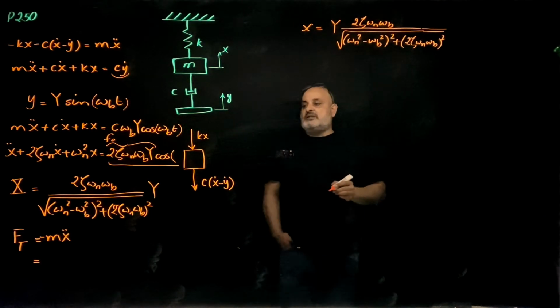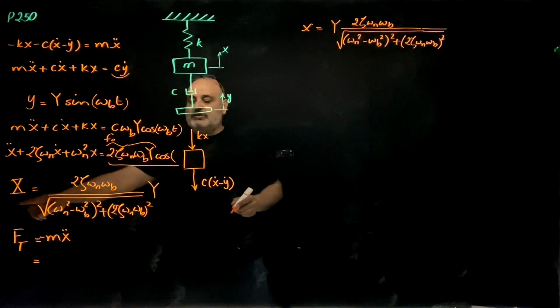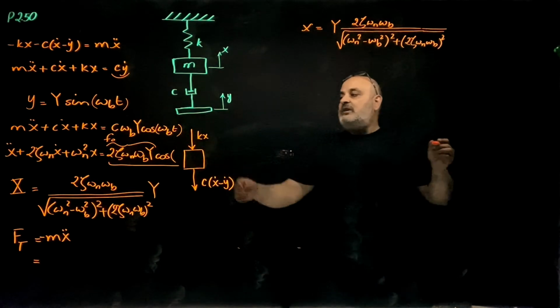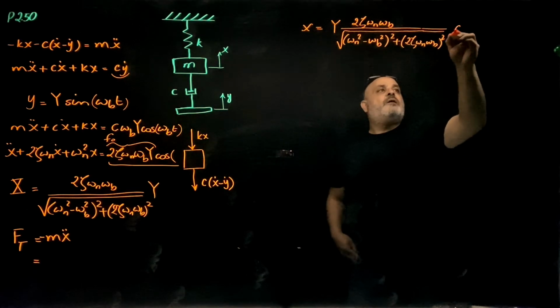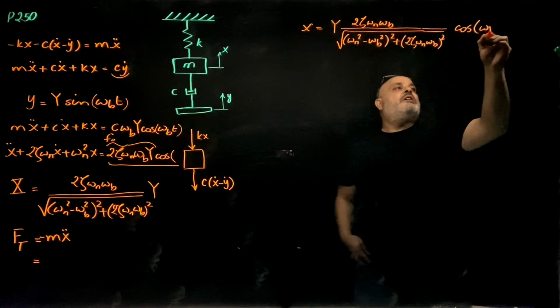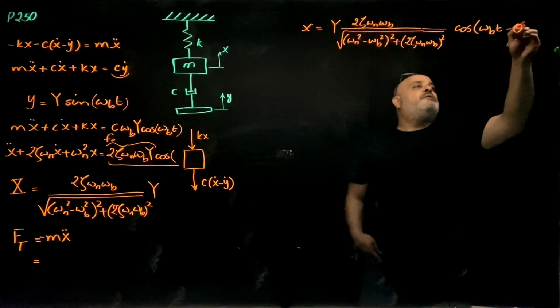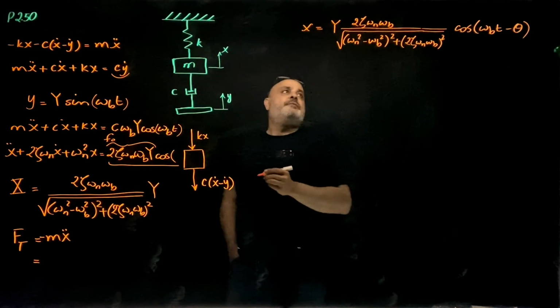This is X, capital X, the amplitude, times the cosine of omega b t minus phase angle theta.